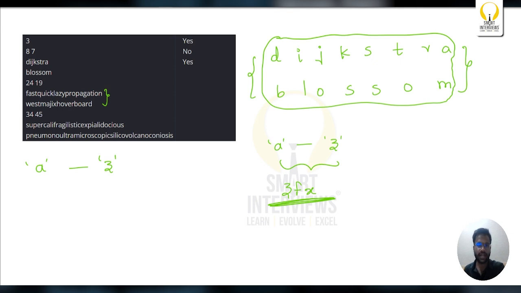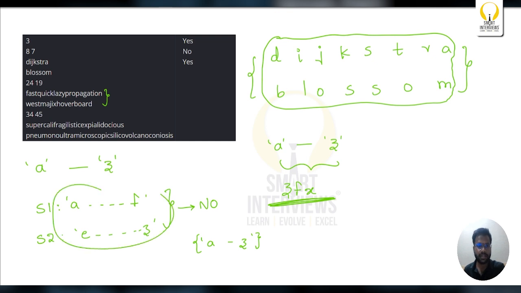Let's say the characters in S1 are from A to, let's say, F. Next, in S2, let's say the characters are from E to, let's say, Z. That means, can I say all the lowercase characters are already present in S1 and S2? That means it's not possible to come up with any algorithm name in the range from A to Z, because no matter what character you choose, it will be present in these strings. So that is the reason the output is no.